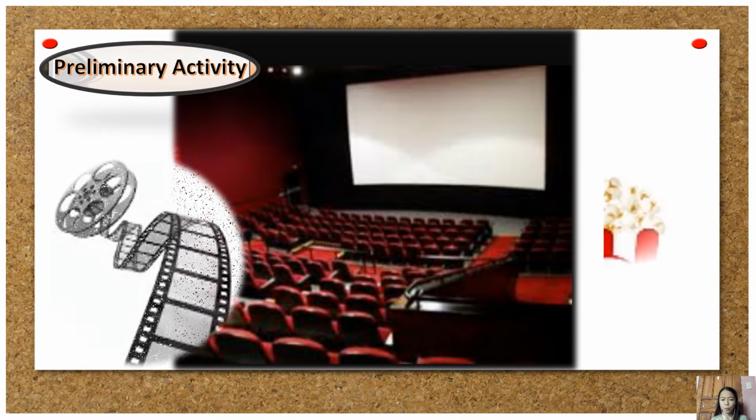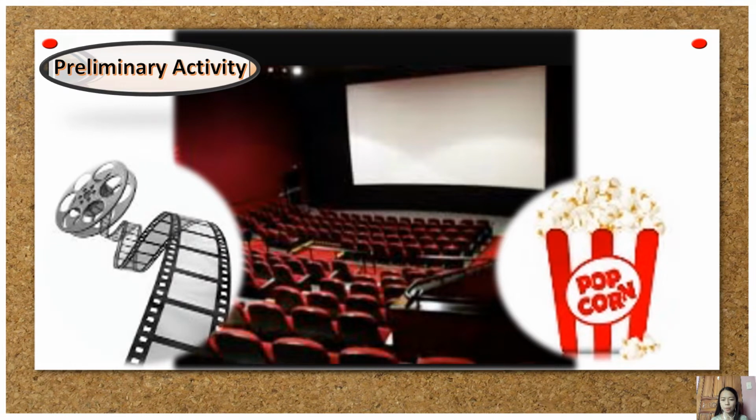Okay, let's have this preliminary activity. Suppose your friend invited you to watch a movie. So you have to bring food to enjoy your watching. In order to choose what movie and what food you are going to watch and bring in the cinema, we can have this concept in selecting from all the possible ways.